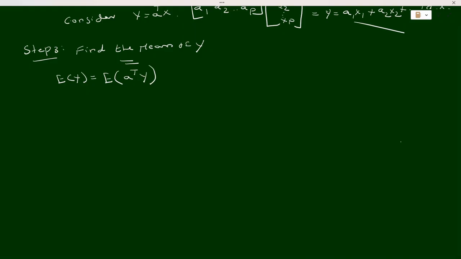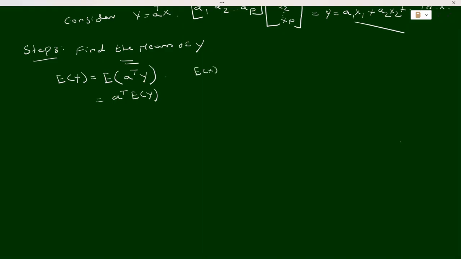Since a is a constant, as we have considered earlier, we can write this as a transpose expectation of x.